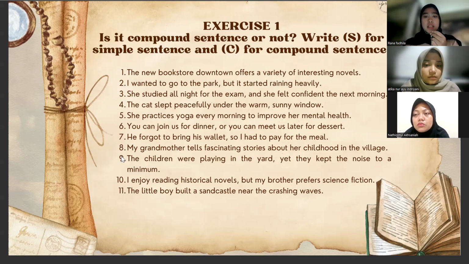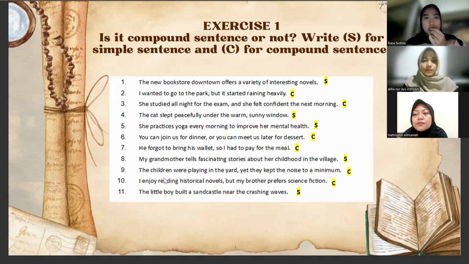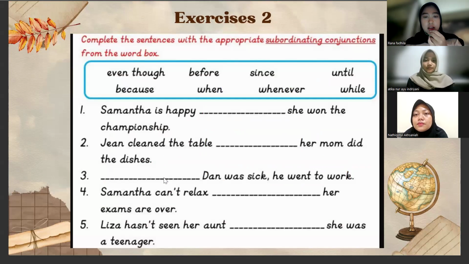Number nine, because "yet" is a coordinating conjunction, we can conclude that number nine is a compound sentence. Number 10 is a compound sentence because it has a coordinating conjunction, and number 11 is a simple sentence. So this is the answer key. And we can go to exercise 2.